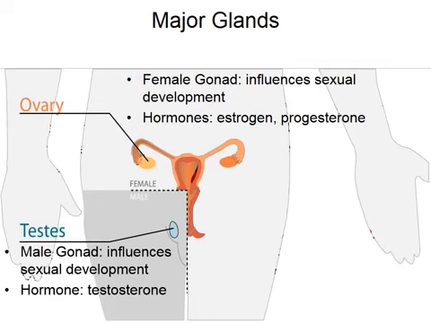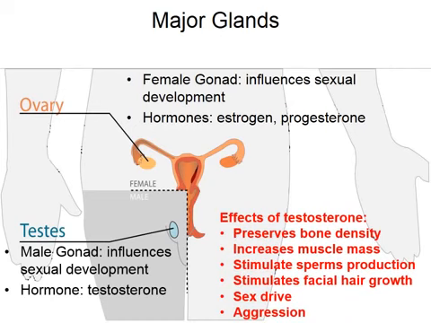And here's a list of some of the effects that testosterone has in male sexual development. Stimulates the production of sperm cells, increases muscle mass, leads to the growth of facial hair. So as boys hit puberty, the testes will send out testosterone, which will have some of these effects that you see right here, and cause the development of sexual features.